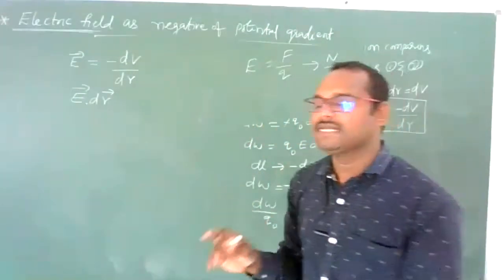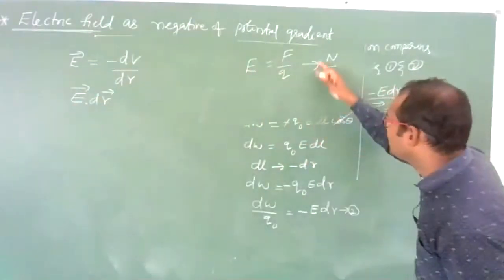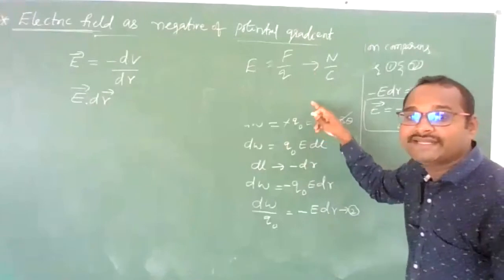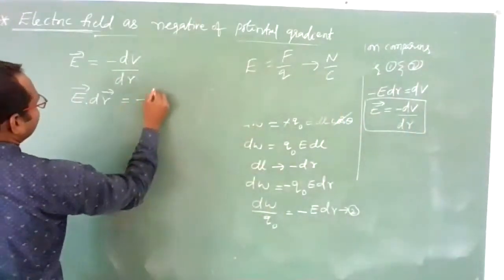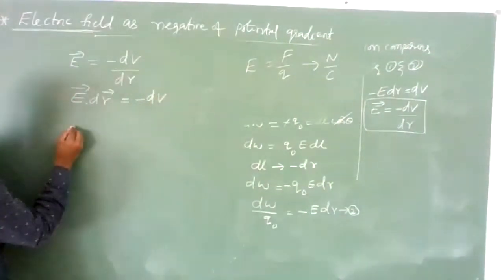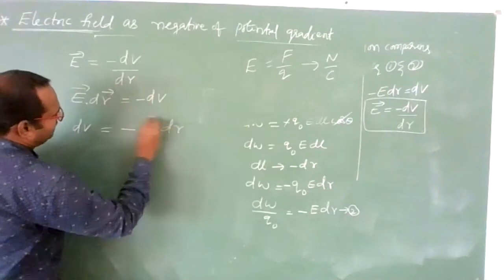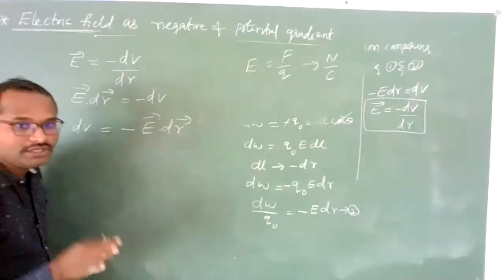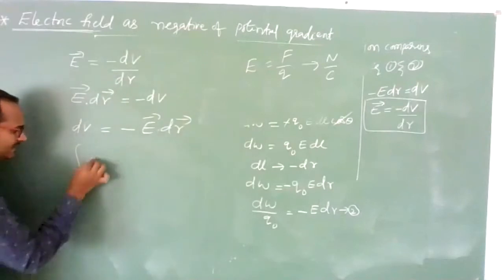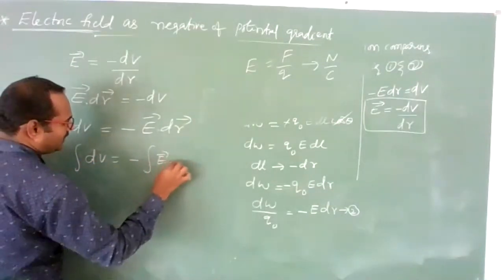It is a dot product between electric field and distance, because when I was deriving, I took the dot product. That dot product should be there. It is equal to minus dV. Then dV can be written as minus E bar dot dr bar. Then if you want the total voltage, you can integrate it. Integration of dV is equal to minus integration of E bar dot dr bar.